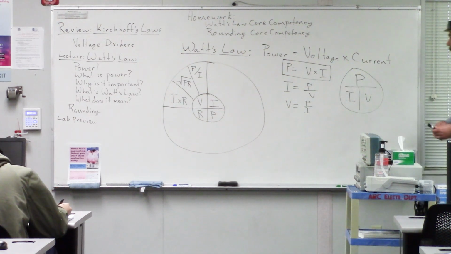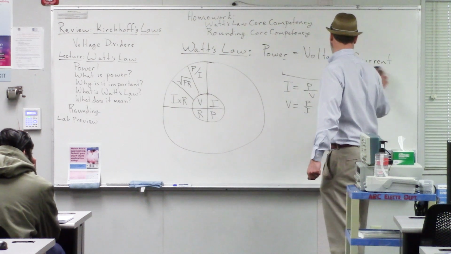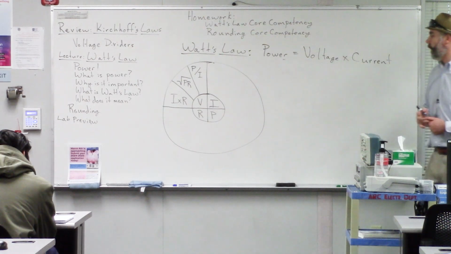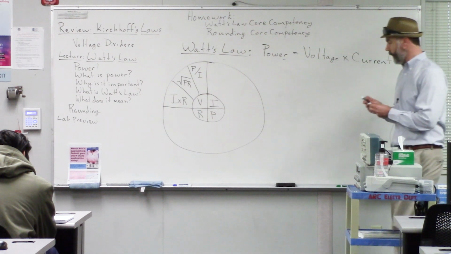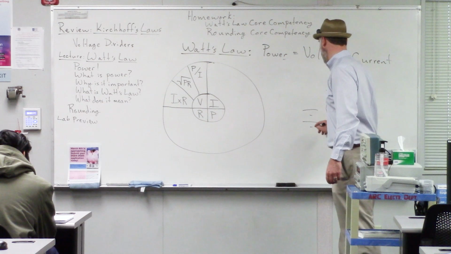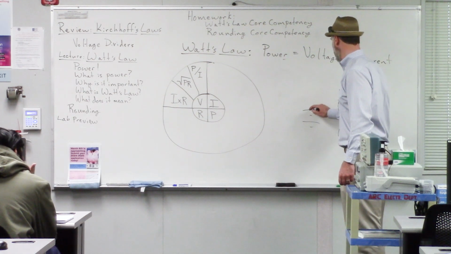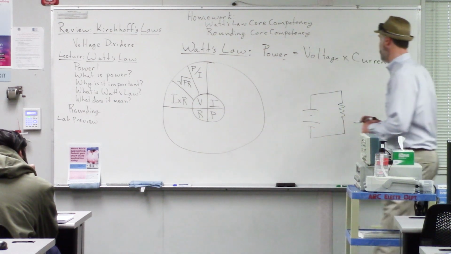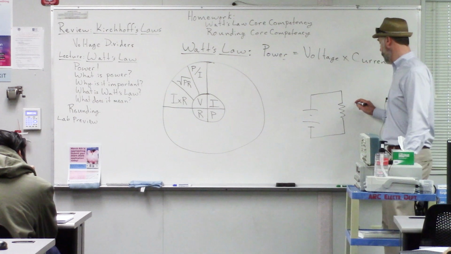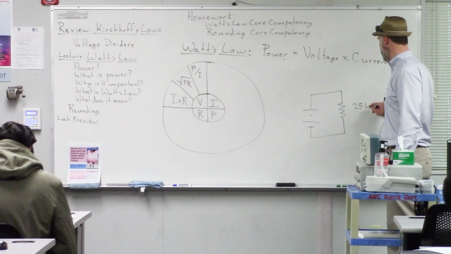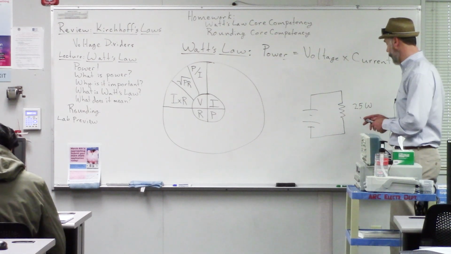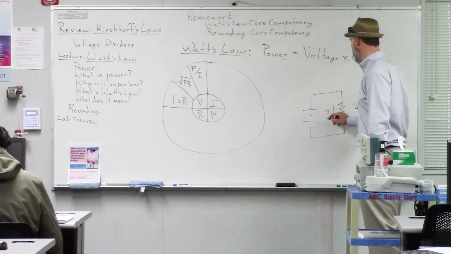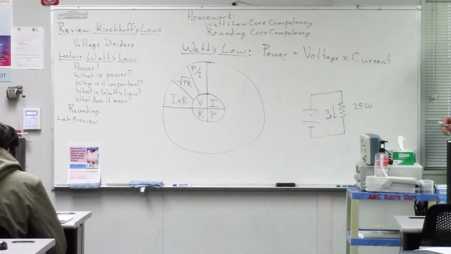So let's do an example here. Let's say that I have a power supply and I've got a resistor over here, and I know that this resistor is dissipating, say, 25 watts of power, and I know that there is, say, 2 milliamps of current flowing through that resistor.